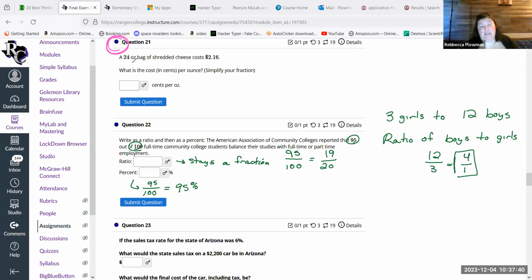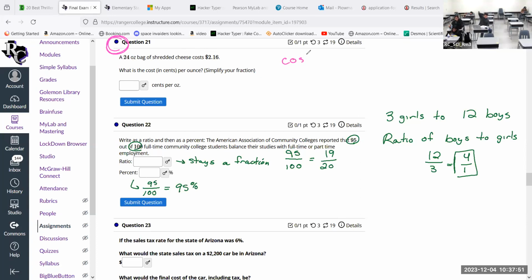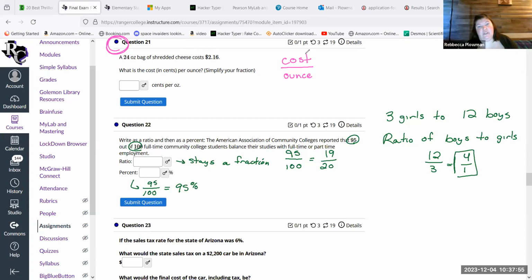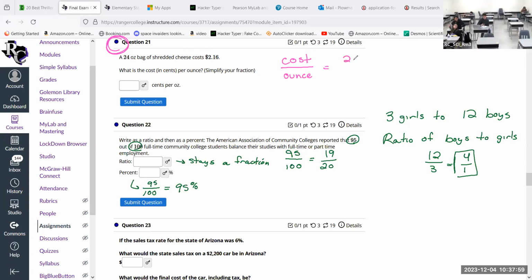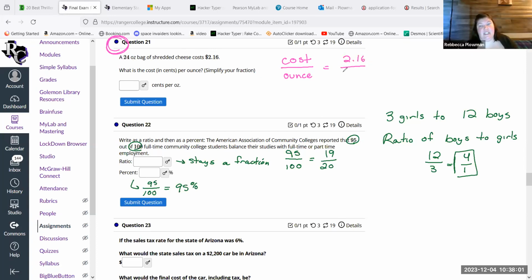So rates. If you have a rate problem like this, a 24-ounce bag of shredded cheese costs $2.16. What is the cost per ounce? When they tell you cost per ounce, you know cost goes on top, ounce goes on bottom. So the cost was $2.16 over 24 ounces.